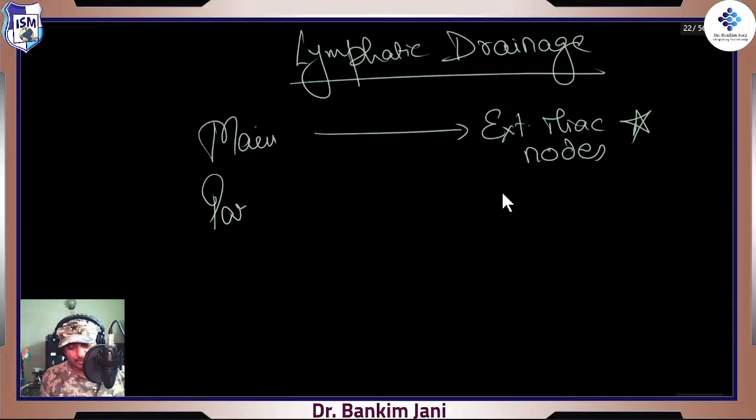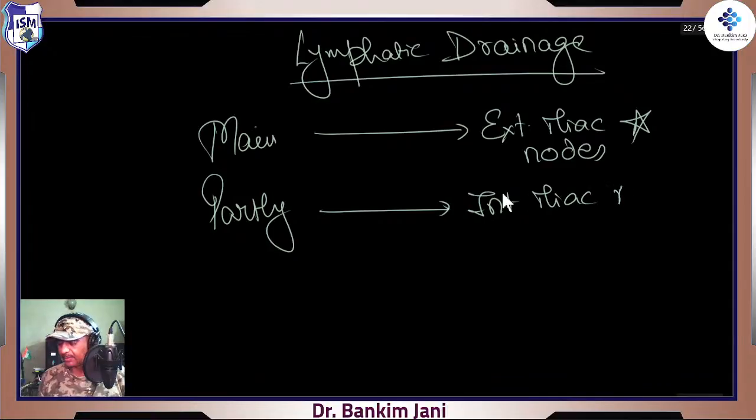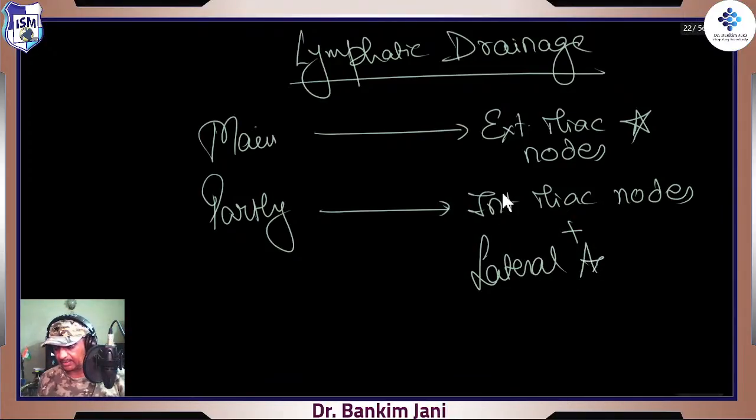Partly it will go to the internal iliac nodes, plus you remember we saw when we were discussing the aorta, there were a few lateral aortic nodes. So here they'll be playing their role. Lateral aortic nodes.